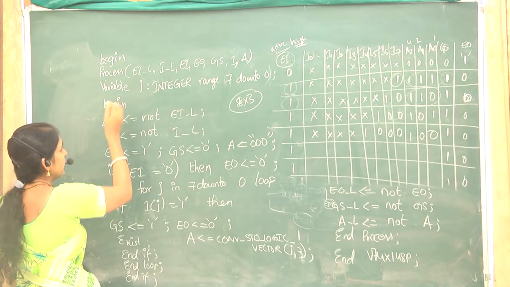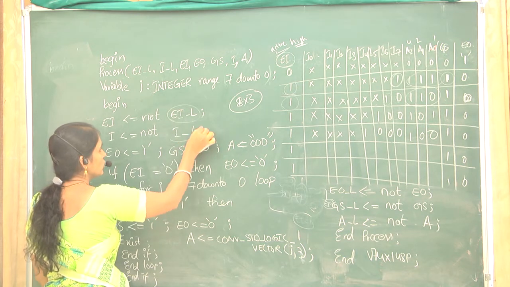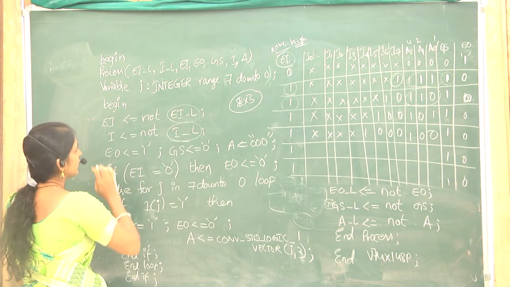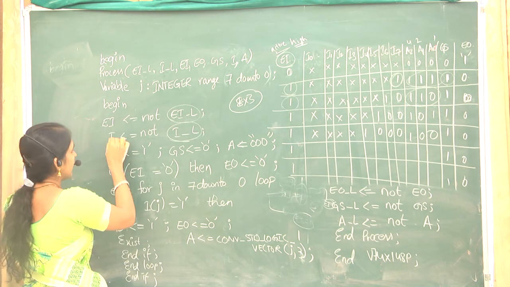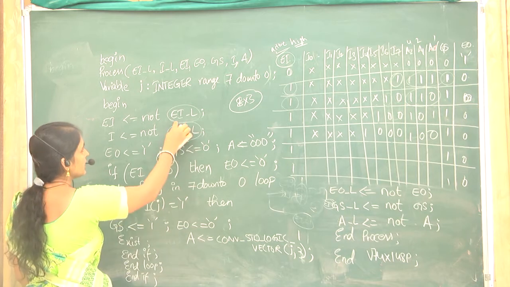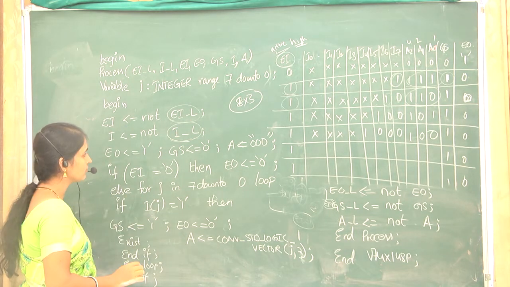Begin. If you see here, you are taking only 2 inputs. Those 2 inputs, EI of L and I of L, are converted into active high.